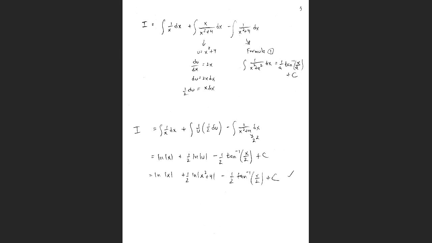I thought it should be 1 over a squared. Oh, you mean the right side of the formula, this one here. That's just a formula that the book gives you. They don't prove it at all.